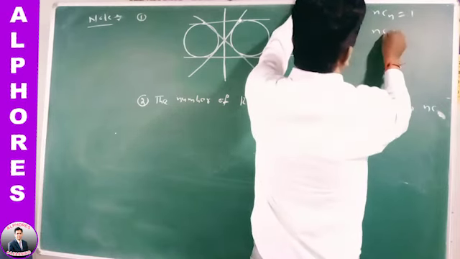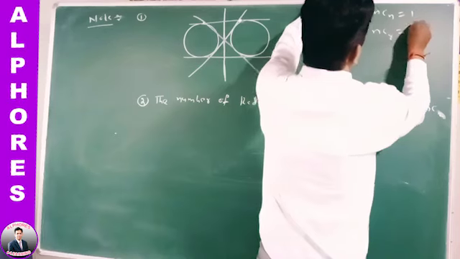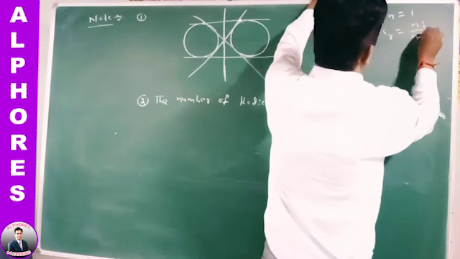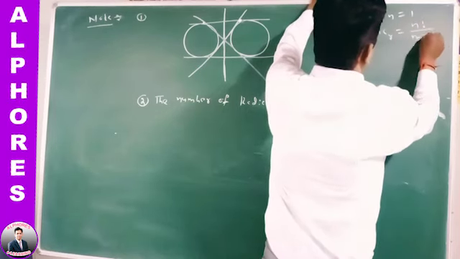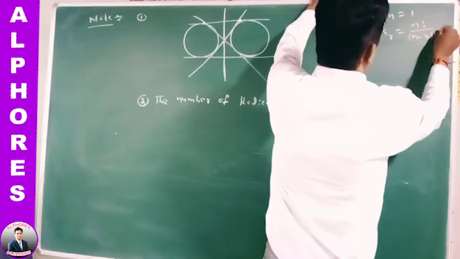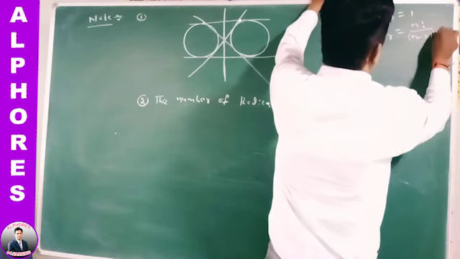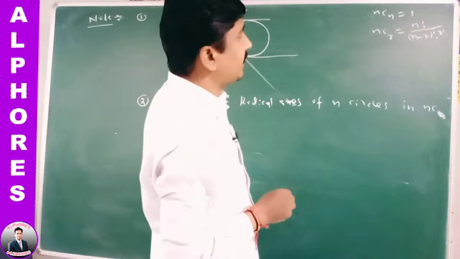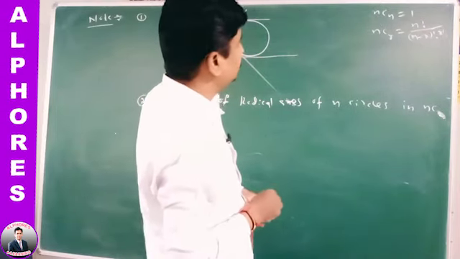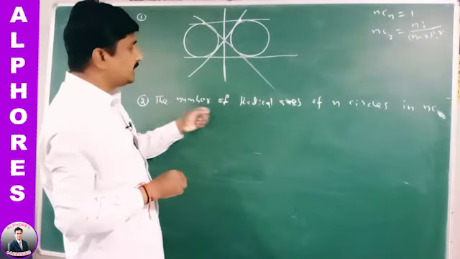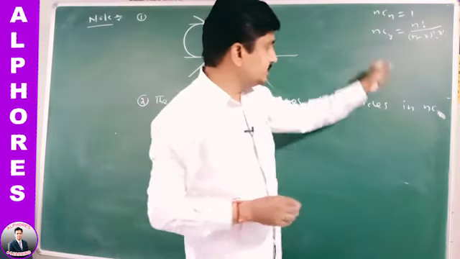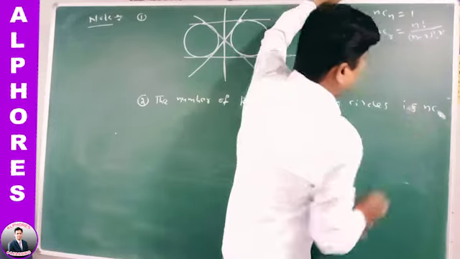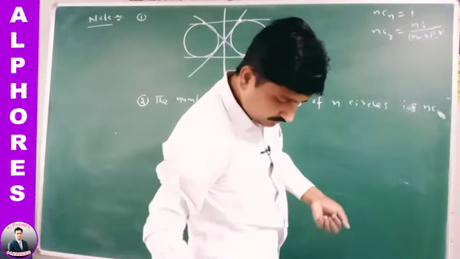According to the formula, nCr equals n factorial divided by (n minus r) factorial times r factorial. Here the number of radial axes of n circles is nC2.